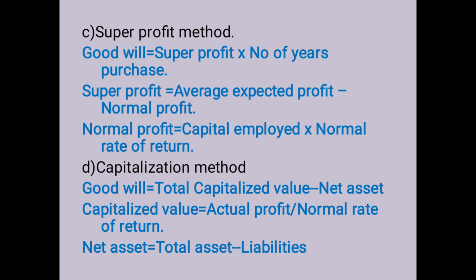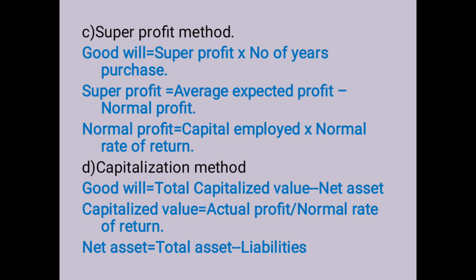And the super profit method. The super profit method means the profit earned by a firm over and above the normal profit earned by the other firms in the same business. It is calculated by deducting from the profit in any year the interest on capital at market rate and a reasonable salary of the proprietor or the partners.